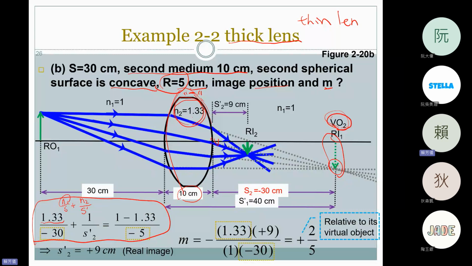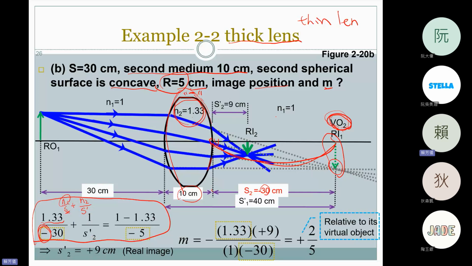Okay, and for the object distance, because it is a virtual object for the second surface, this distance will be 30 centimeter. So it should be written as minus 30. And the second term is N2 divided by S1.